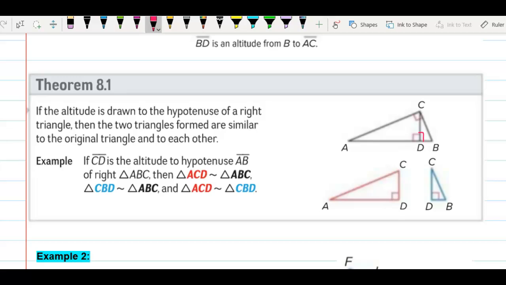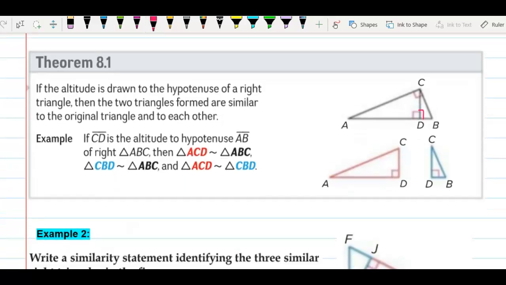But they're all right triangles when we drop that altitude, because the altitude is perpendicular, meaning it forms right angles. Because we have these right angles, and because of the way we've dropped the altitude down, the original triangle and the two smaller triangles are all similar to each other. Not congruent, their angles are the same, sides proportional, but they are similar to each other.